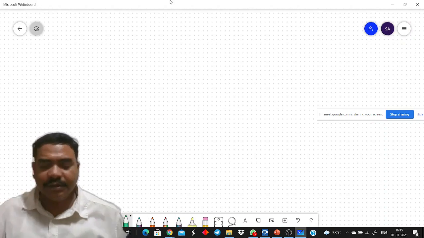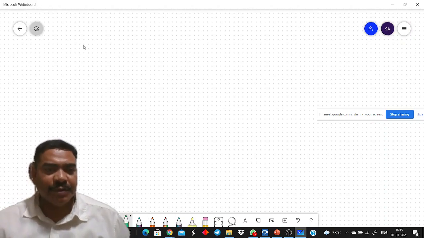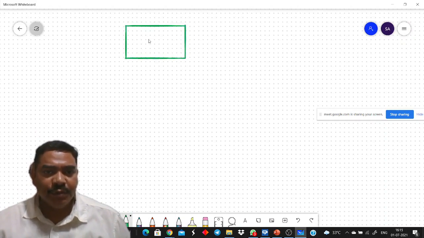So let's start. There are a number of special purpose registers present. Here, this is your CPU as per John von Neumann's architecture.